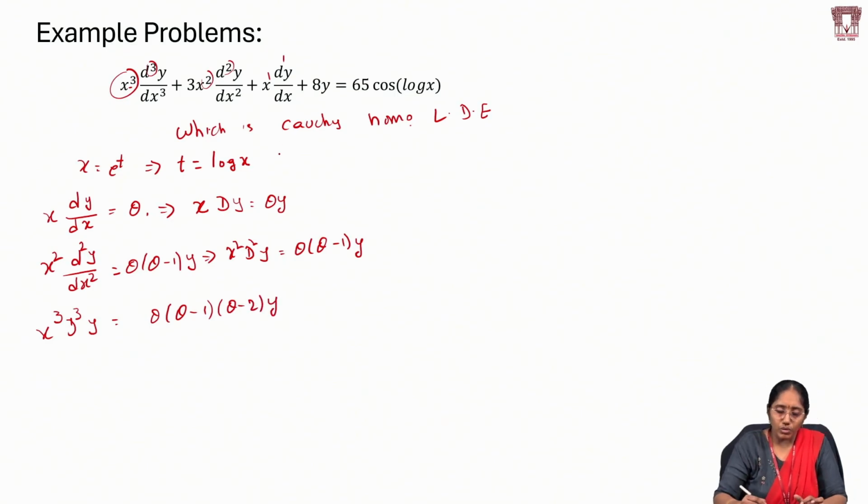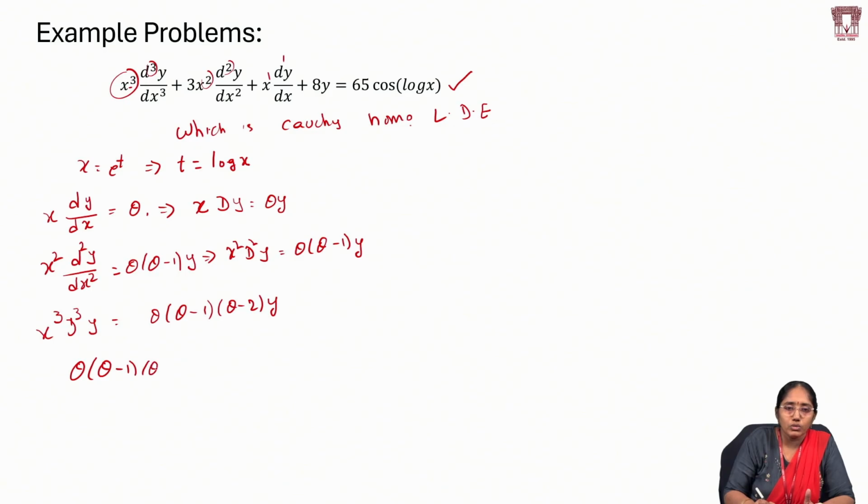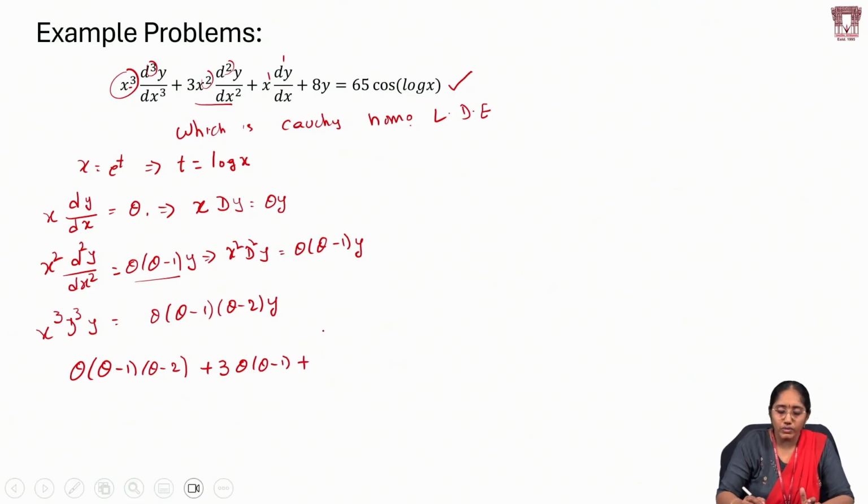Substitute all these values in the given differential equation. Now if we substitute all those, we will get x cube d cube y replaced with theta into theta minus 1 into theta minus 2, plus 3 times x square d square y replaced with theta into theta minus 1, plus x into dy by dx replaced with theta, plus 8, taking y as common, whole y is equal to 65 cos of log x.